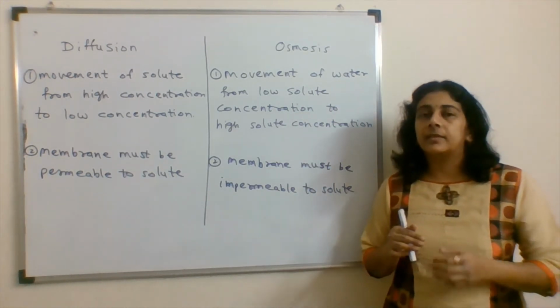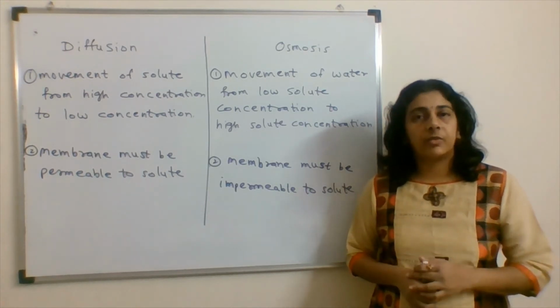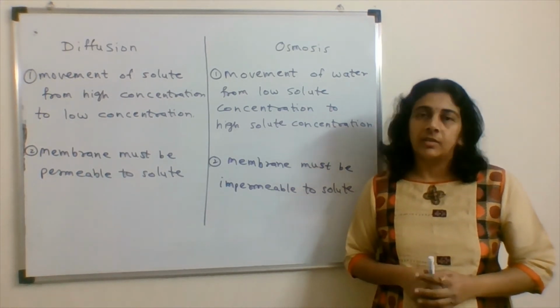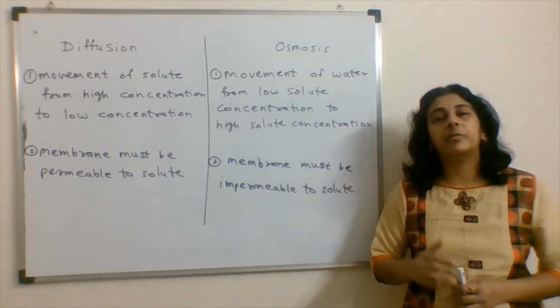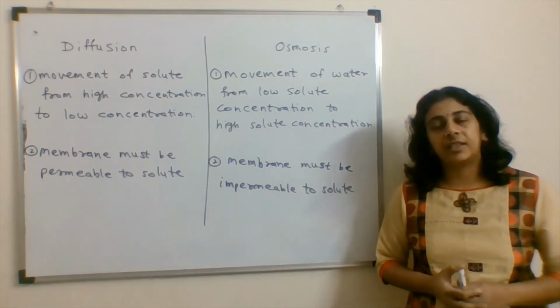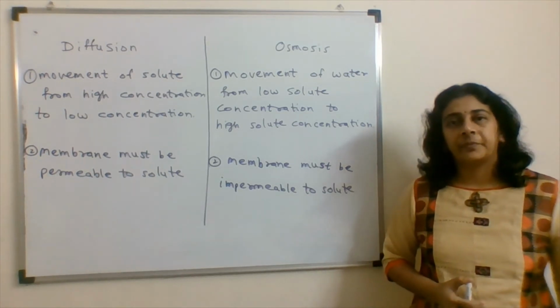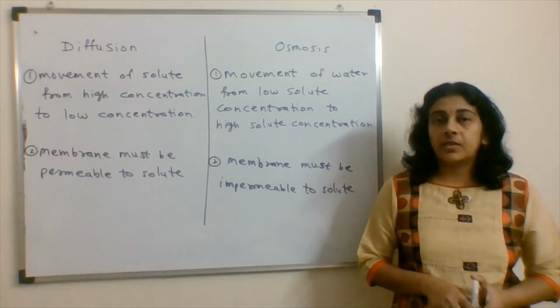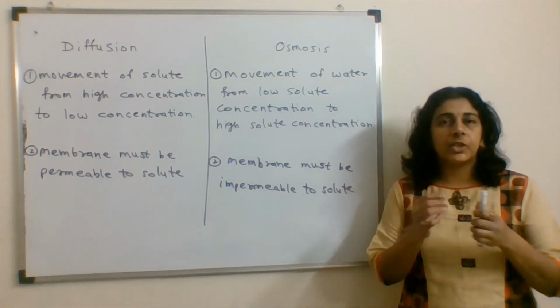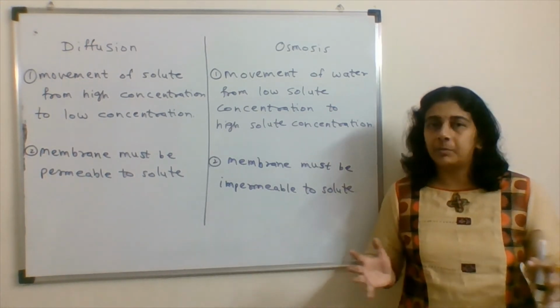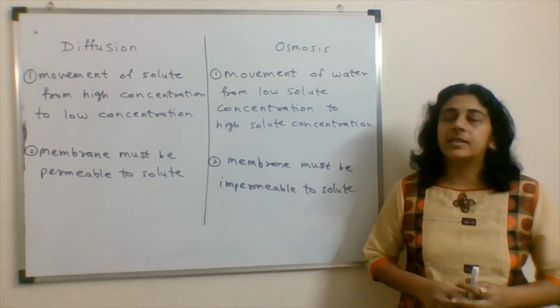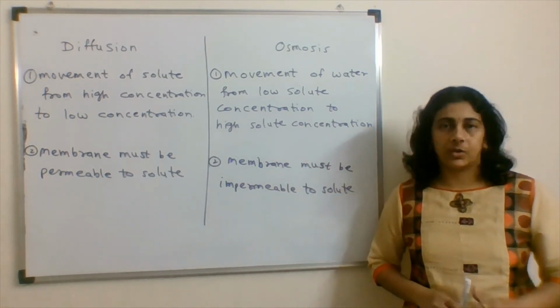We always study hypotonic solution and hypertonic solution. Those terms are also related to osmosis, and movement of water is observed in these two terms. In hypertonic solution, the cell shrinks, whereas in hypotonic solution, the cell bursts. So this is about diffusion and osmosis.